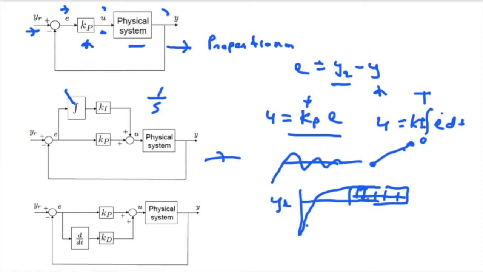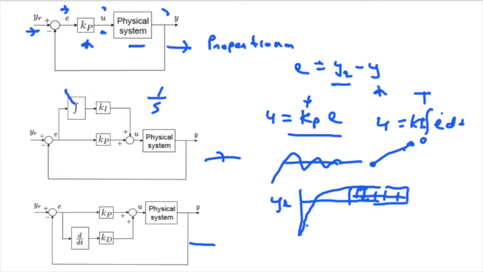It's called PID because you can apply any combination. You can just apply a proportional controller, just an integral controller, or just a differential controller, or you can apply a combination of them, PD, PI, or PID, all three together as well, depending on the requirement at hand. Okay, we'll discuss that as we go on.